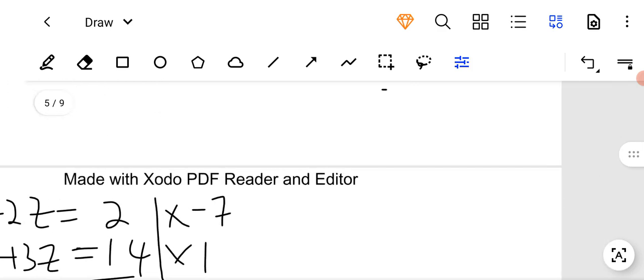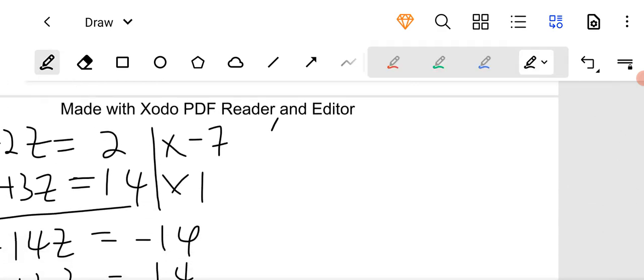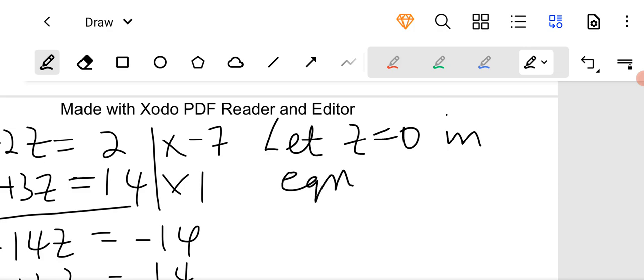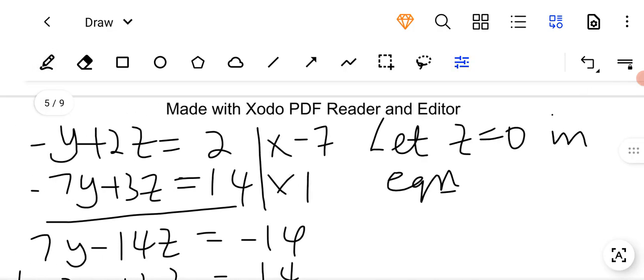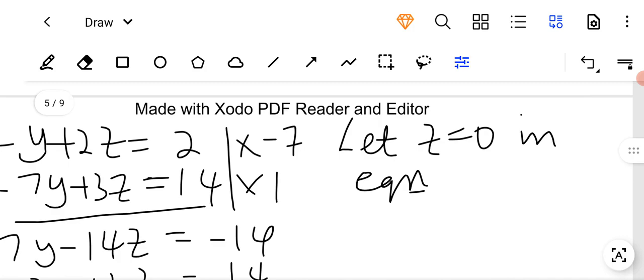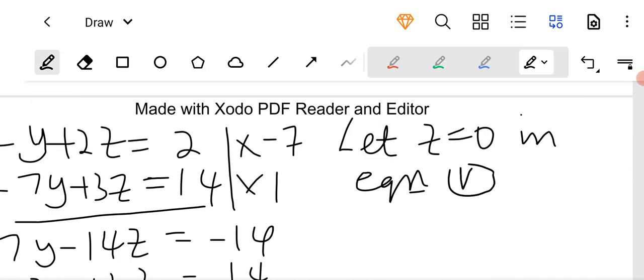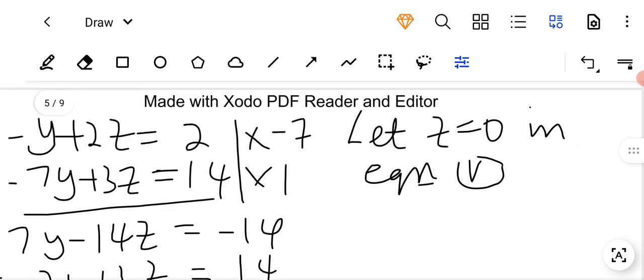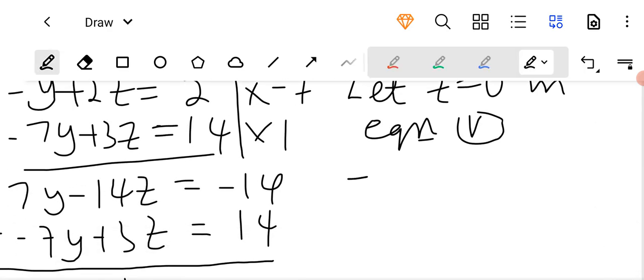And then we will let z be equal to 0 in equation 5. I think equation 5 is the simplest. Okay, so we have negative y plus 2 times 0 is equal to a positive 2.